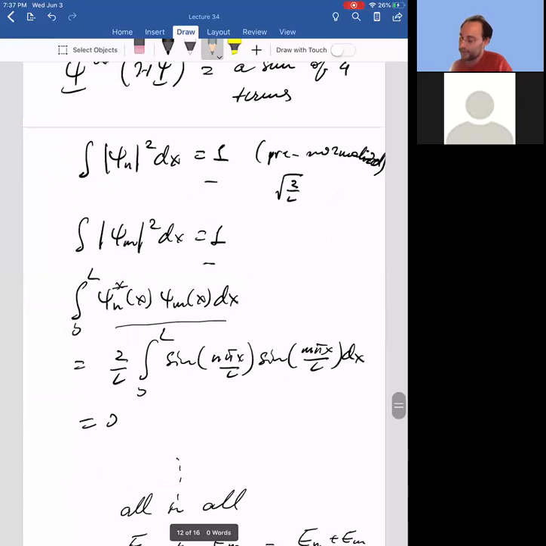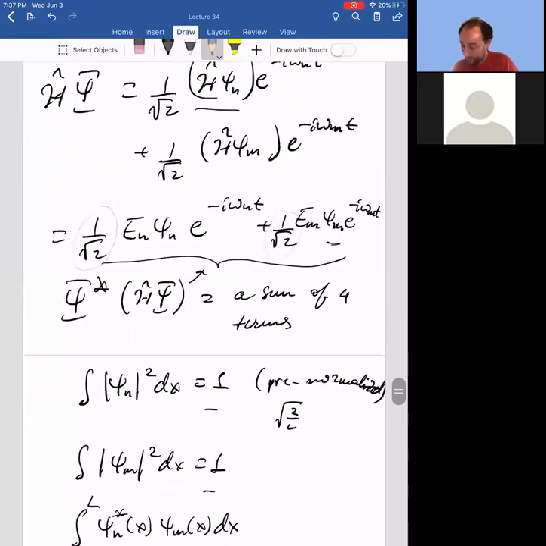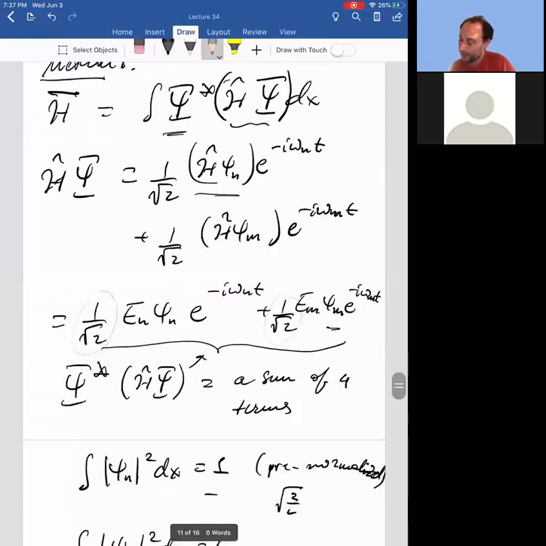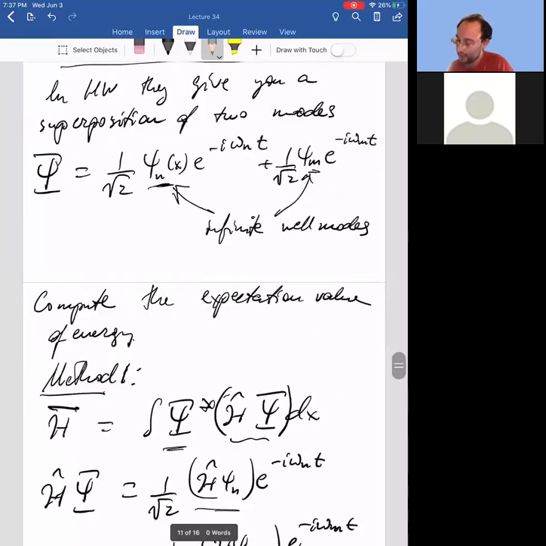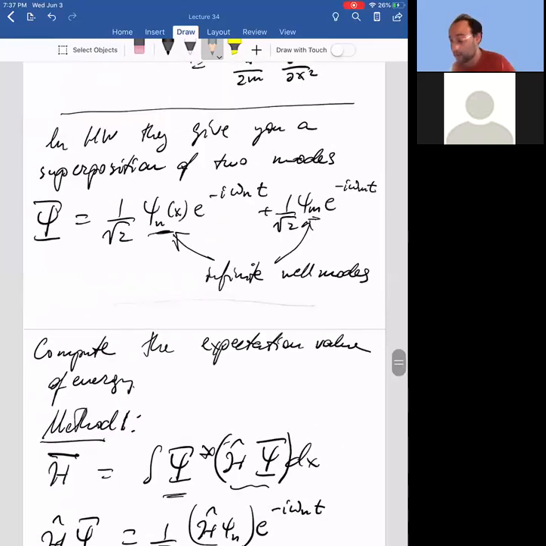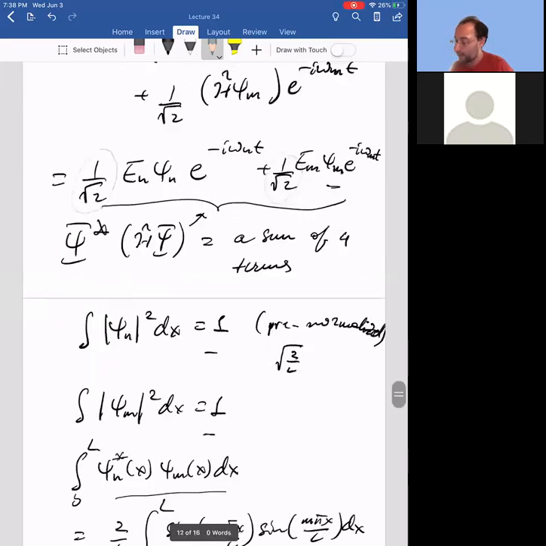Because you told us when you have a superposition state like this, if you measure the energy, you're going to get either E sub n or E sub m with probability given by the square of these prefactors. So the average is one quantity times its probability plus another quantity times its probability, which is what we got.